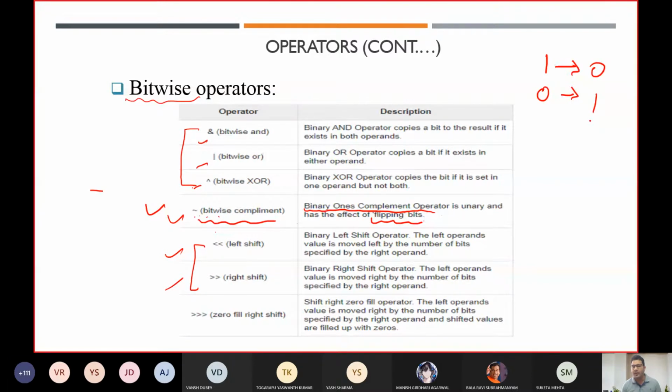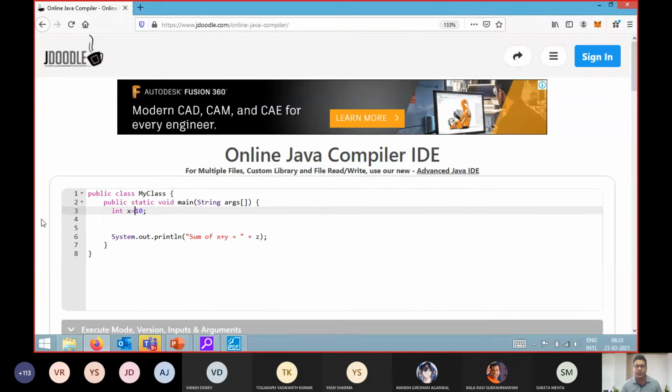For a positive number, let's take one example: int x equals 4, and in System.out.println we print the value while performing the complement operation.